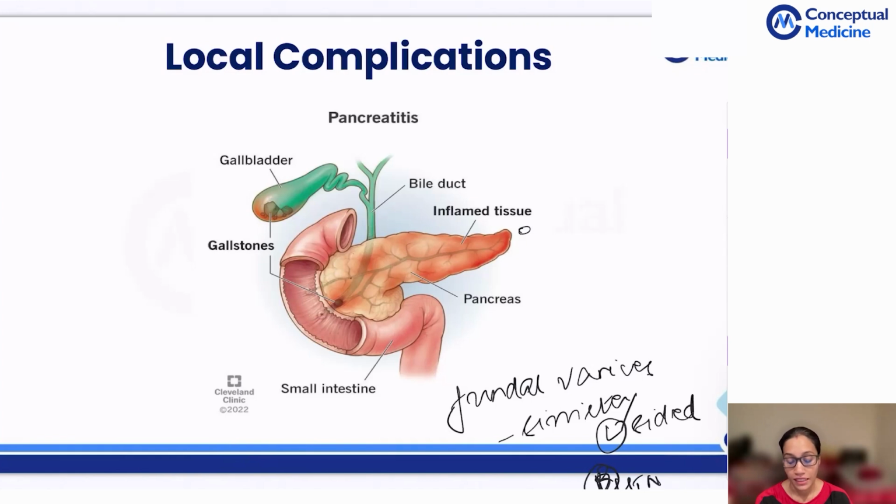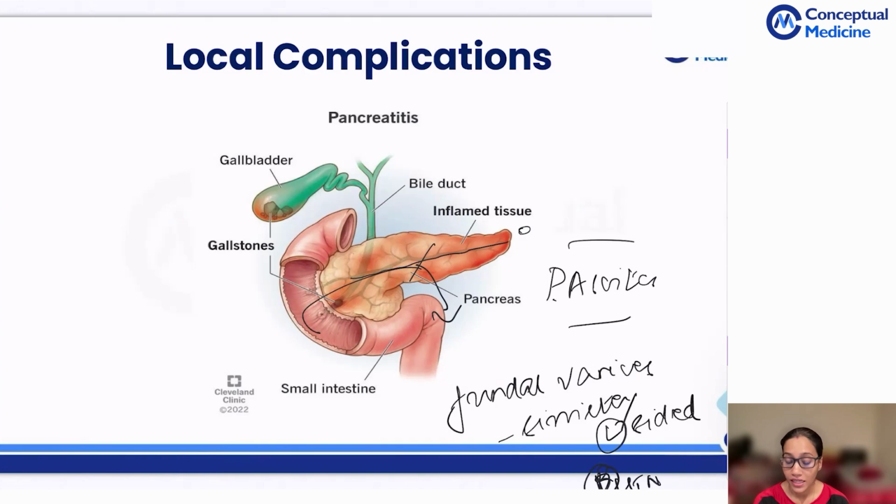Similarly, you have a pancreatic duct which runs across. Sometimes that can rupture. So when you have a pancreatic duct rupture, what happens? The fluid escapes. Either it escapes into the hollow viscus, or it can come into the peritoneal cavity itself, presenting as pancreatic ascites. So you'll have a patient with ascites. For evaluation, one of the differential diagnoses is pancreatic ascites. And how will you figure it out?